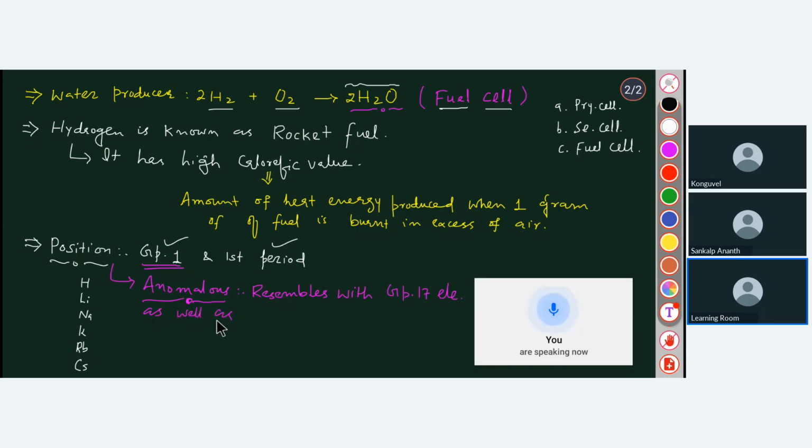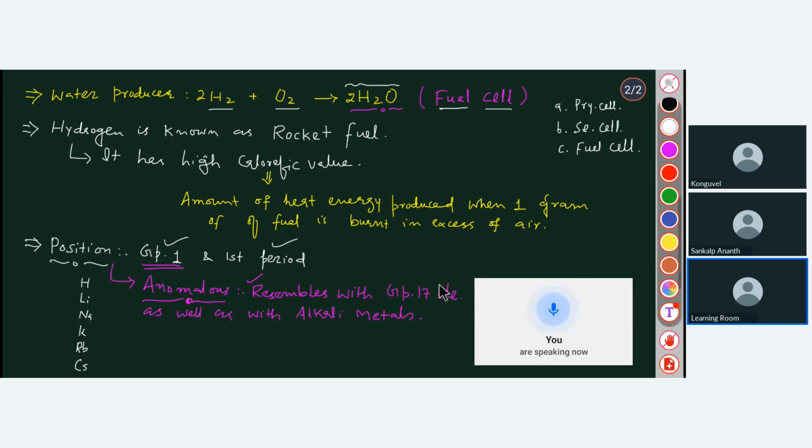Alkali metals are lithium, sodium, potassium. And I have told you why they are known as alkali metals: alkali means water soluble base. They all form water soluble bases. So the first thing is that hydrogen resembles group 17 elements as well as alkali metals.